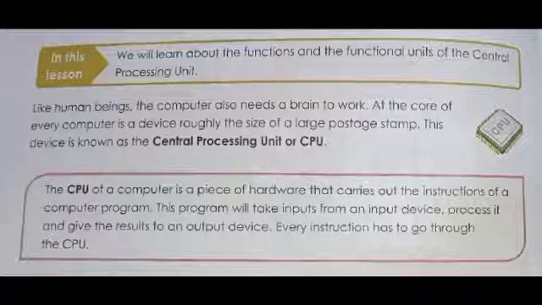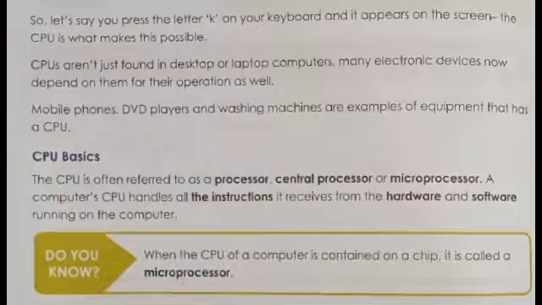Every instruction has to go through the CPU. So let's say you press the letter K on your keyboard and it appears on the screen. The CPU is what makes this possible. CPUs aren't just found in a desktop or a laptop computer.